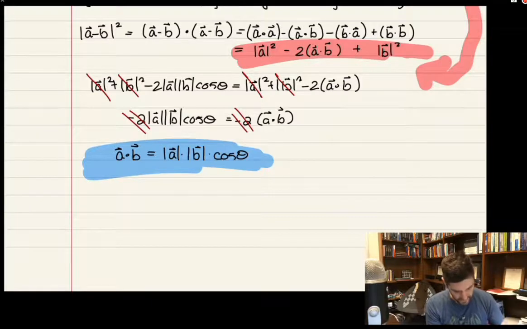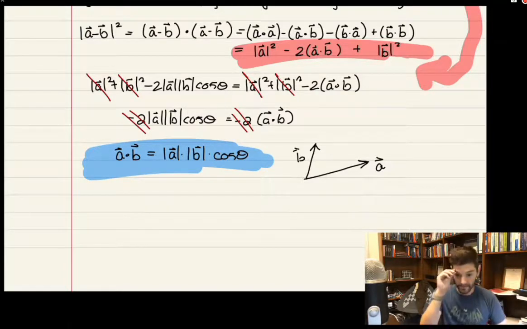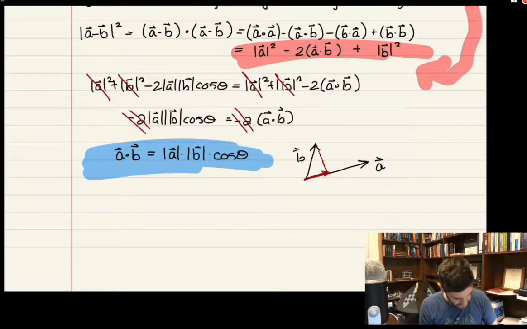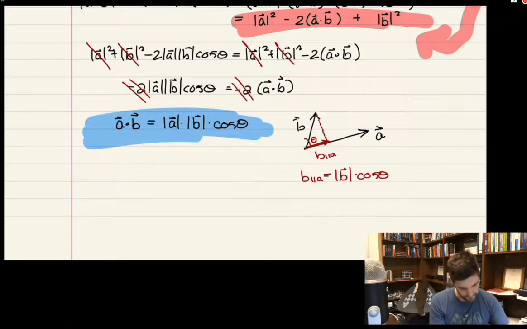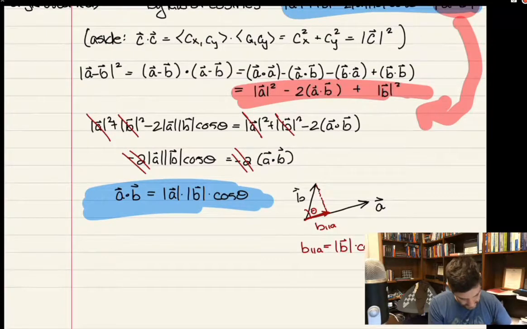But notice, and then I will be done, this is exactly the geometric claim I was making. You have some vectors A and B. We said that B lies along A by some amount. This might be B parallel to A. But given this triangle, where this is some angle theta, B parallel to A is just the magnitude of B times cosine theta, which, notice, appears right here.